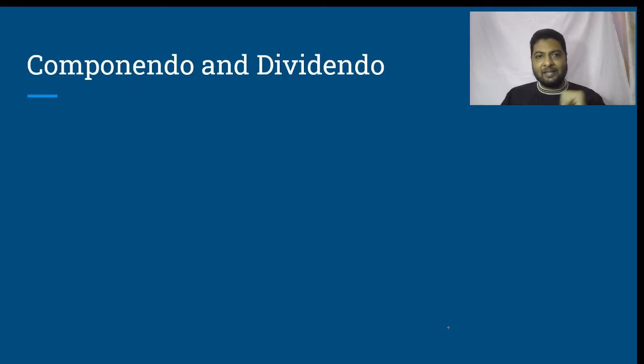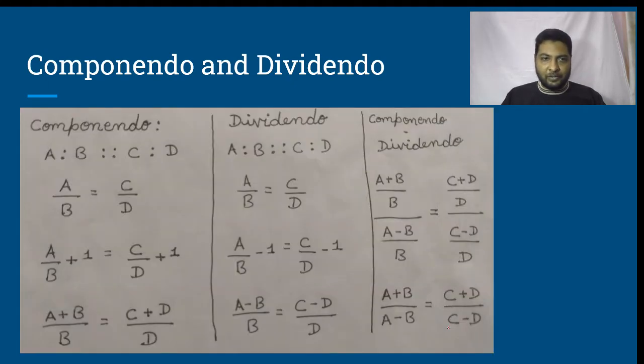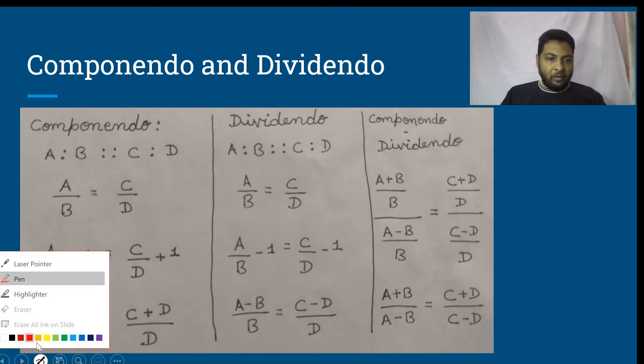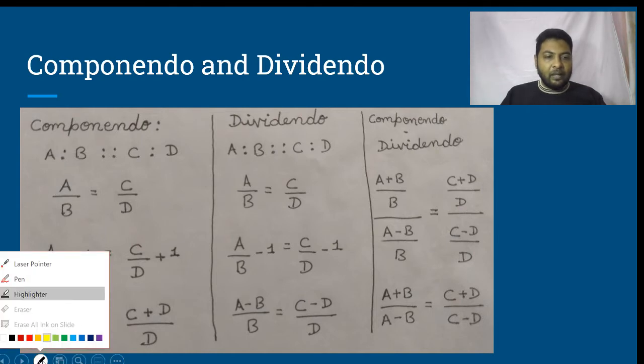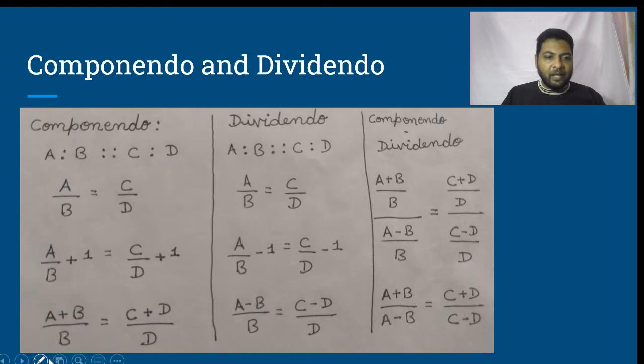Next, let us understand componendo and dividendo principles. If A is to B as C is to D, then it is A by B is equal to C by D. If I add 1 to both left hand side and right hand side, I will get A by B plus 1 is equal to C by D plus 1.